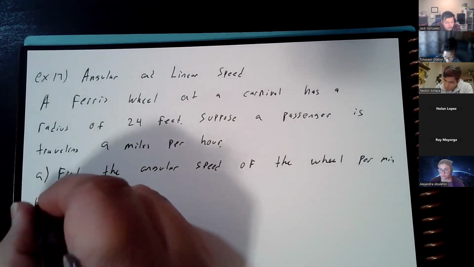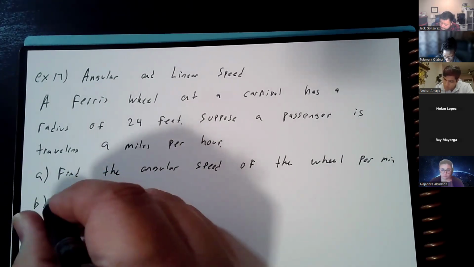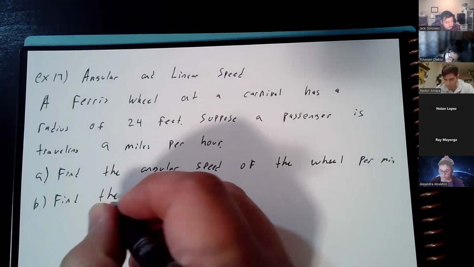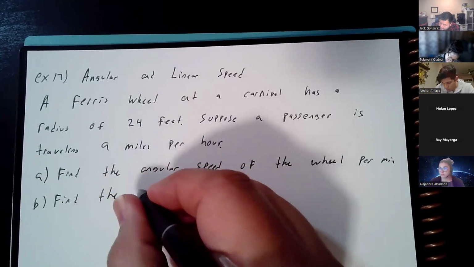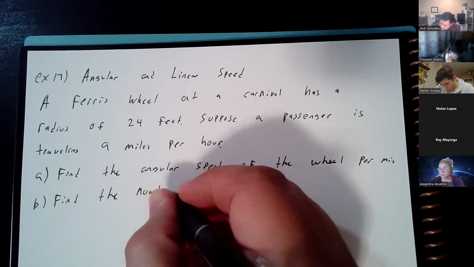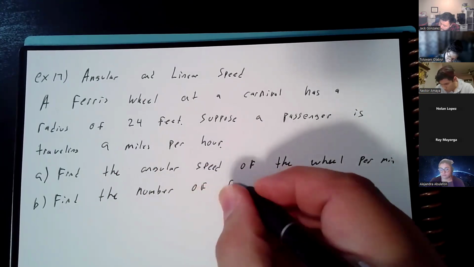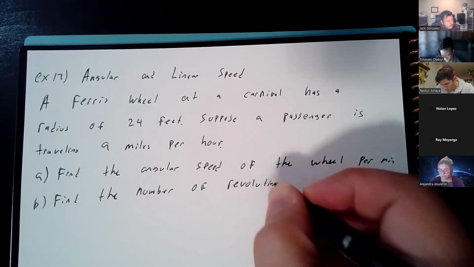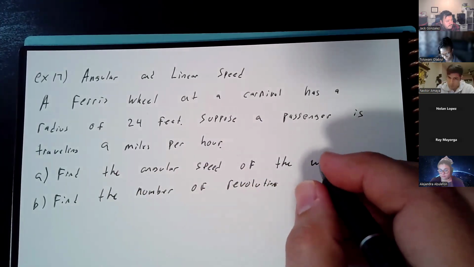Part B. Find the number of revolutions the wheel makes per hour.